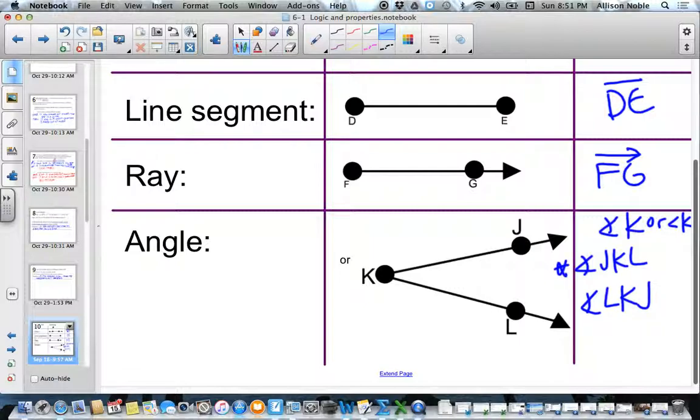Oftentimes you have to use 3 points around the angle because there is more than one angle at K. So if I have another line coming off here, like H, and I say angle K, I have no idea whether I'm talking about this angle or the entire angle. So make sure that you label it as specifically as possible.